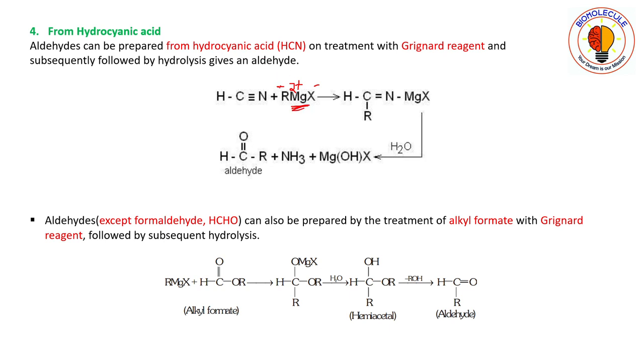This R with its negative charge will attack this carbon atom, and the carbon triple bond nitrogen will be reduced to carbon double bond nitrogen, and this nitrogen will now bear a negative charge which will take a proton from the solvent molecule. So now we are getting this intermediate. Further hydrolysis will give us aldehyde.